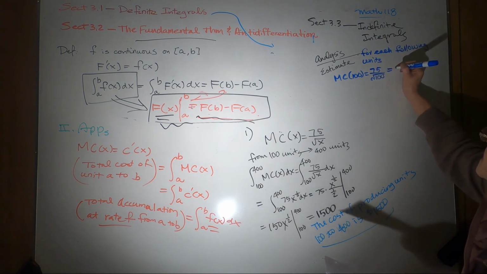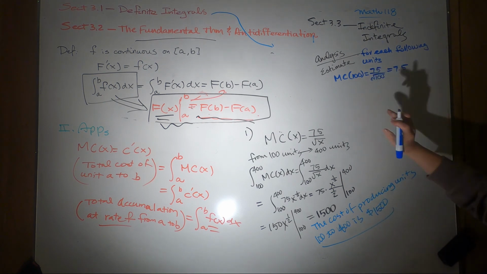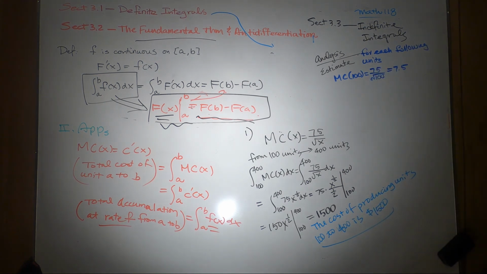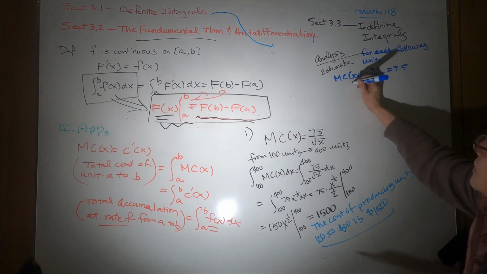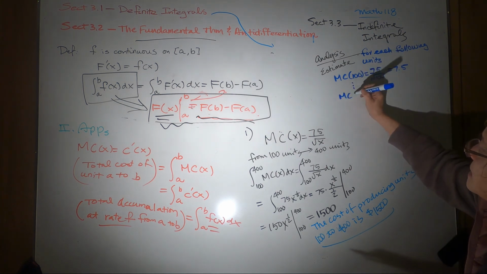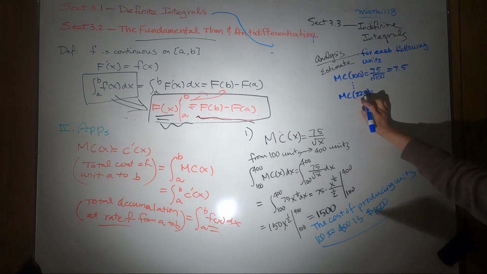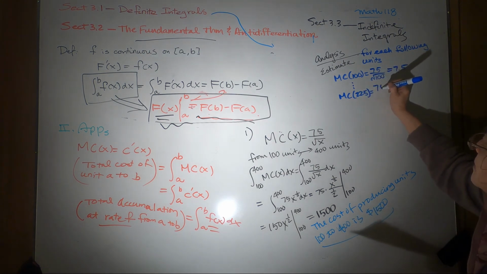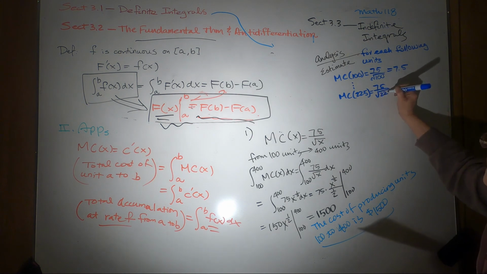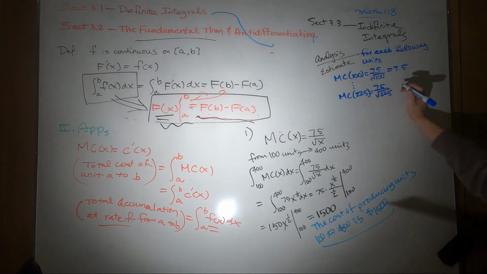To produce the unit 100 at that point, at margin, it will cost me $7.50, right? We just estimate. Then I'm going to use the good number 225. Okay, at the unit 225, I will do this 225. That will be 15. 75 divided by 15 will be 5.